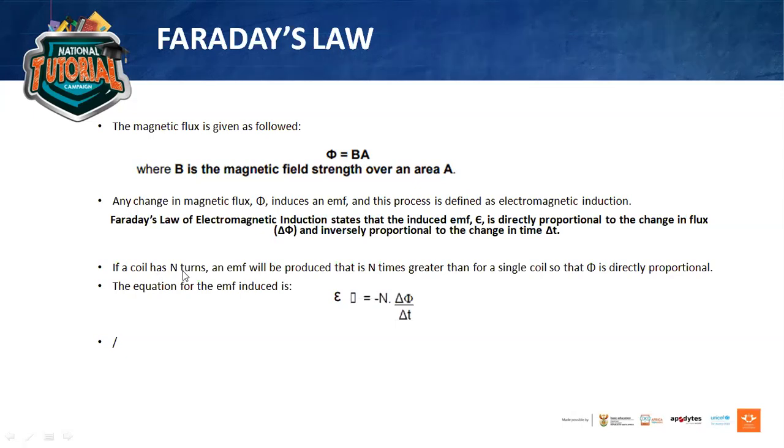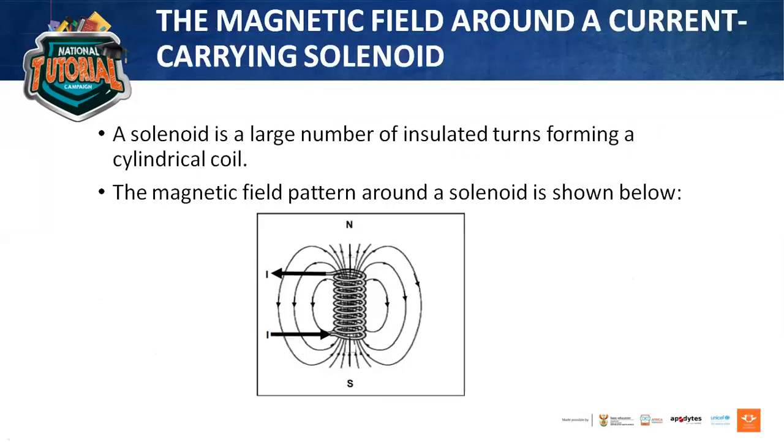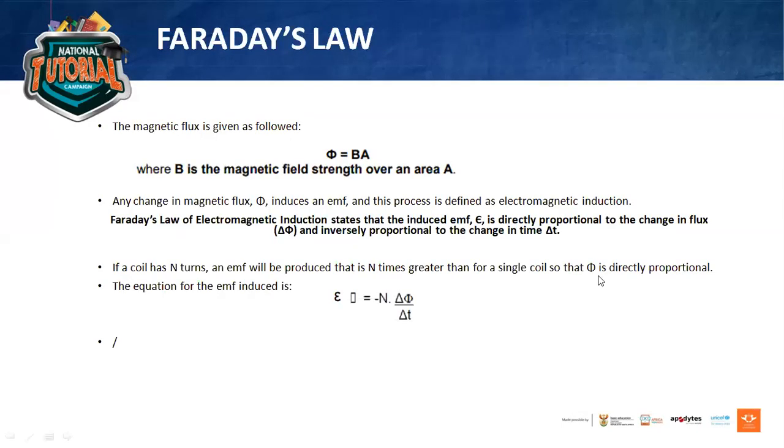So if a coil has n number of turns, n in this case will be these number of turns. You see here, there are many turns. That is the number of turns they are talking about. The magnetic flux is directly proportional.